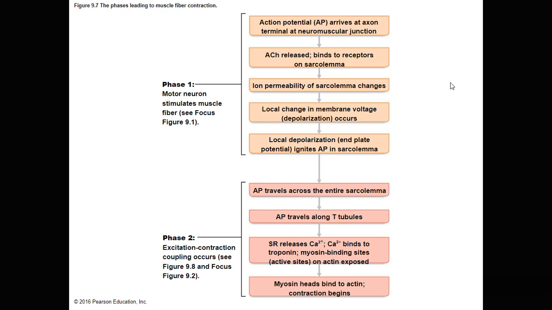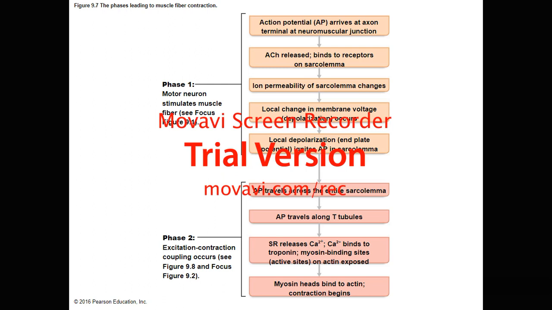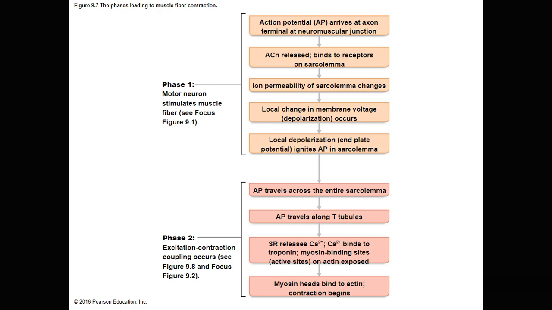So essentially, at the neuromuscular junction, acetylcholine gets released into a little space in between the neuron and the muscle fibers. There's a little gap between the axon terminals of the neuron and the muscle fibers.